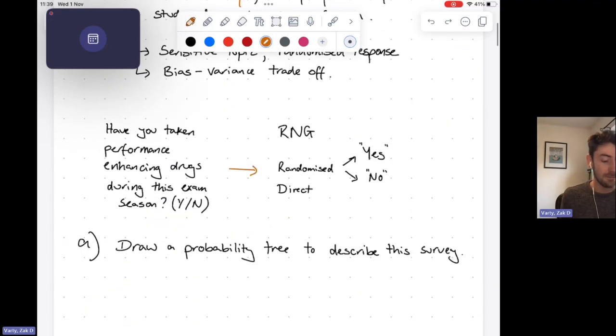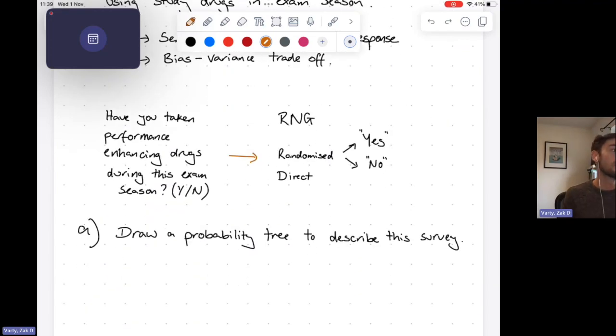So how exactly are we going to implement this randomized response? Well, we're going to go up to each student and ask them, have you taken performance-enhancing drugs during this exam season? To which they're either going to respond yes or no. The way in which they respond is determined by two draws from a random number generator. The first draw determines whether or not they reply directly or give a randomized response.